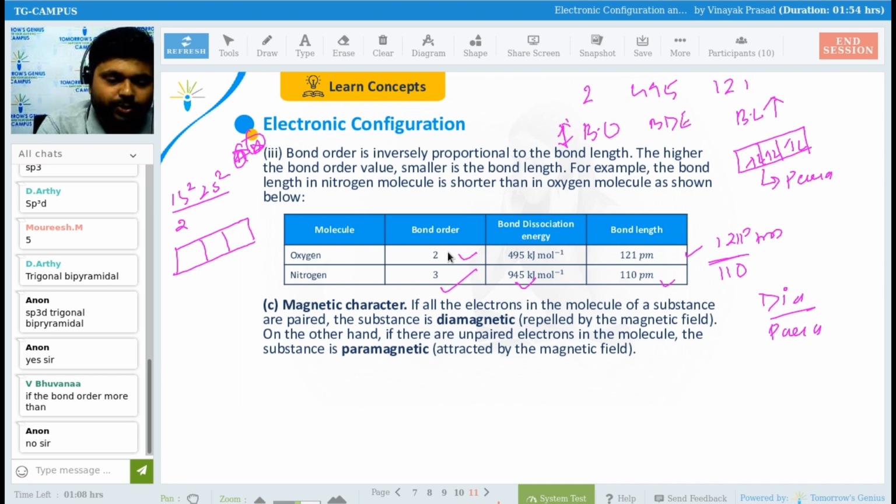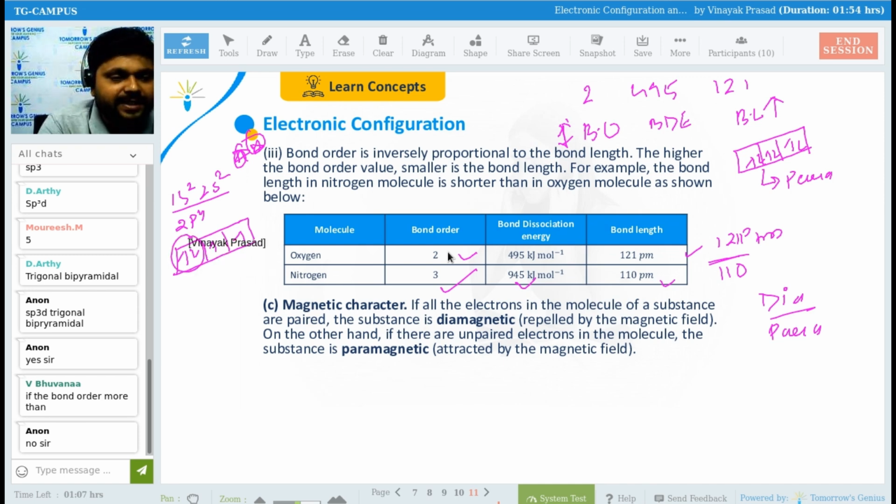Hydrogen, helium, lithium, beryllium, boron, carbon, nitrogen, oxygen, fluorine. Oxygen is coming at number 8, so 2p4 will be there. Kaniska, what do you say? So it will be filled like this, right? It will be filled like this.